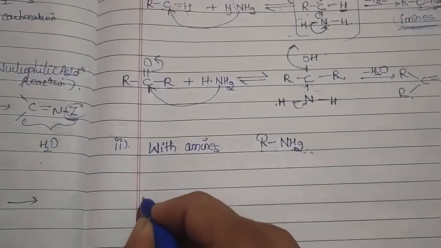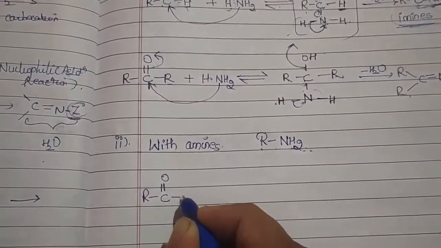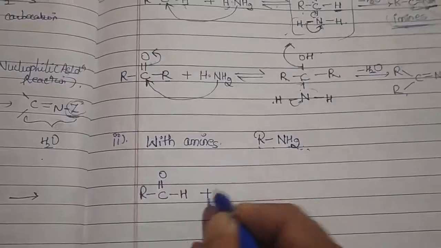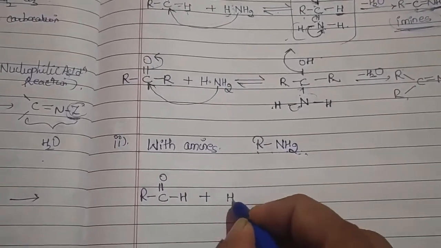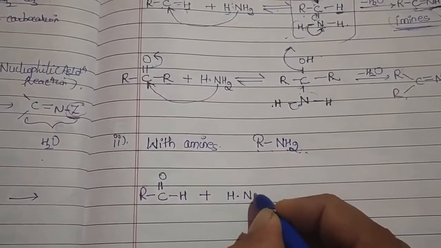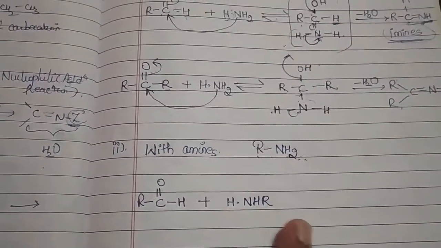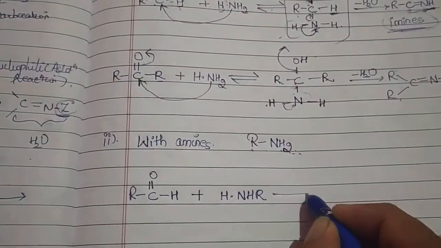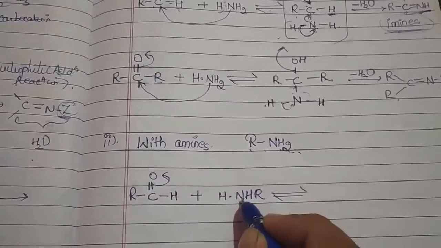Just pay attention. First let me take my normal aldehydes, R C double bond O and a H, plus I am going to write my amines in this way. H NH R. Are you able to see? H NH R. So first the equilibrium reaction, it goes up.